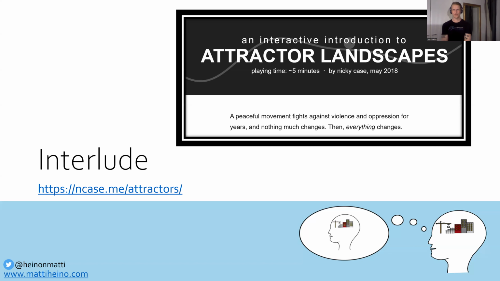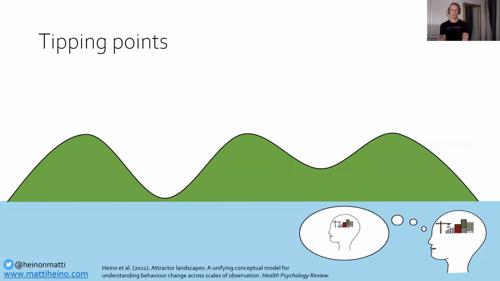Okay, so thanks. So now we have a basic understanding of what attractor landscapes are. But don't worry, we will talk about them some more. First of all, if you have a look at the bottom of the screen, there's a reference for a paper.